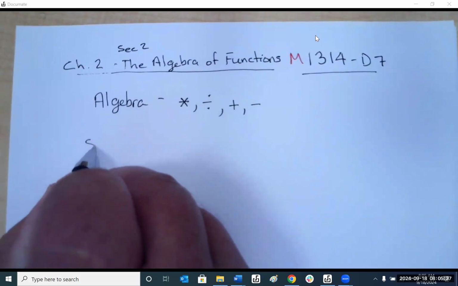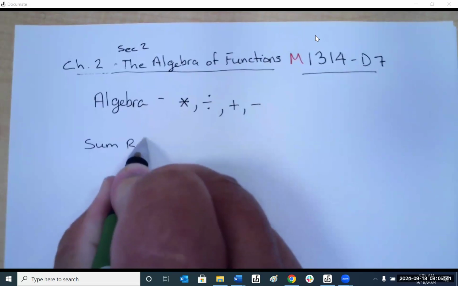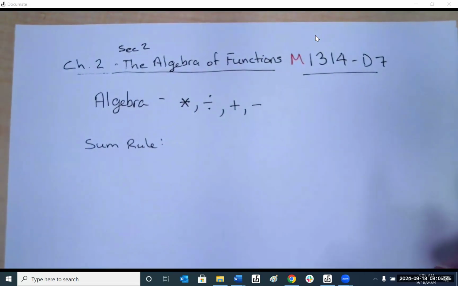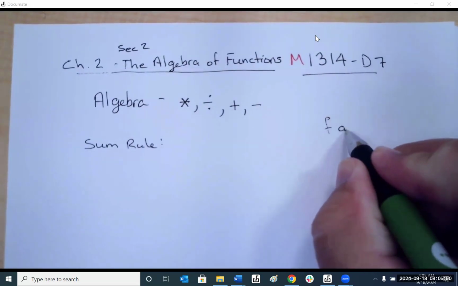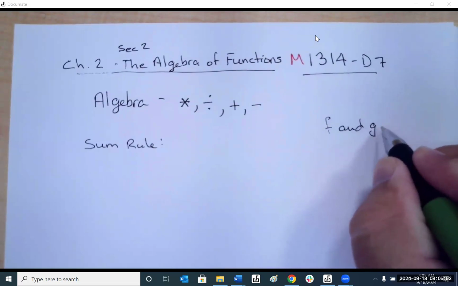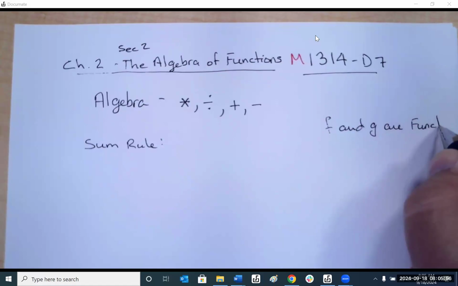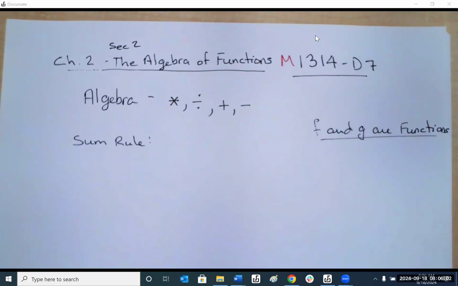So let's look at the sum. The sum rule of functions. We're of course assuming that f and g are functions. So what does it mean to be a function?